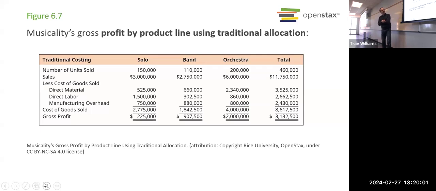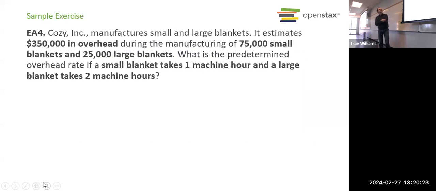And we see we get gross profit for the solo product, for the band product, and for the orchestra product. Oh, actually, interesting. We're selling more orchestra recorders than solo recorders. Okay. These are made up numbers. So that's why maybe they don't always reflect what might happen out in the real business world.